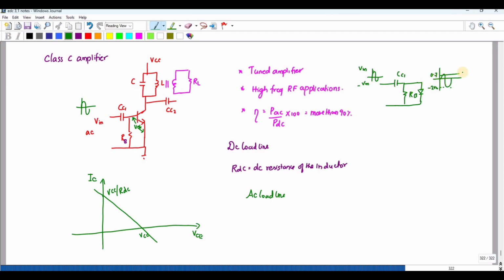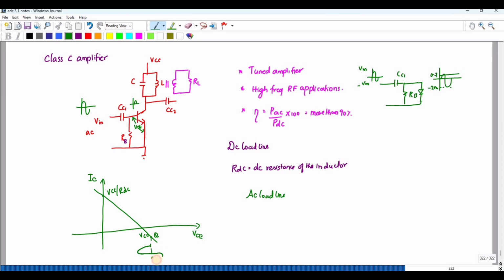So you can see the signal is present for less than 180 degrees. Here the Q point is located below the cutoff region.